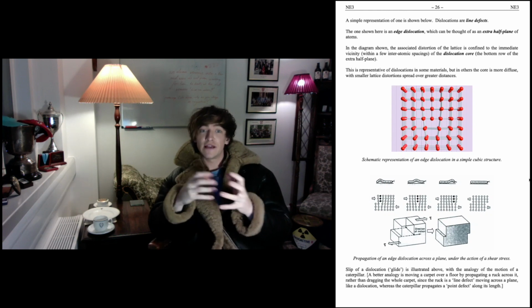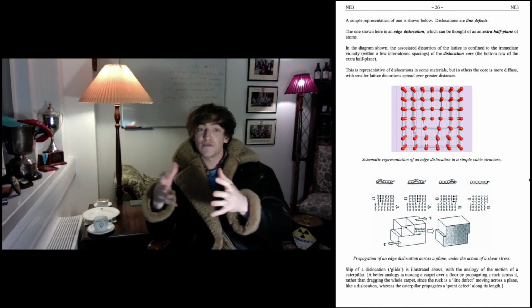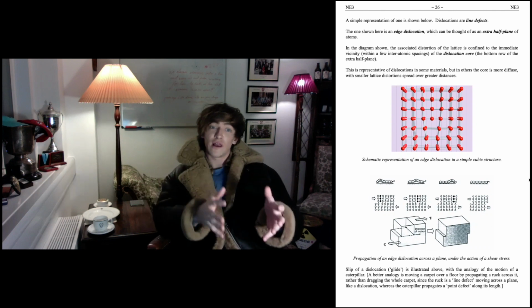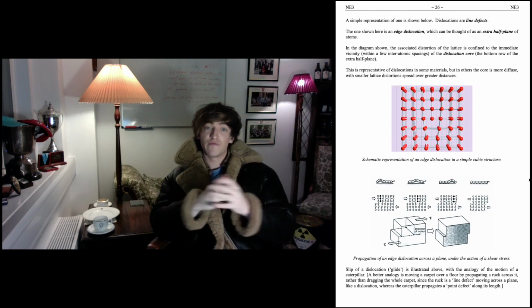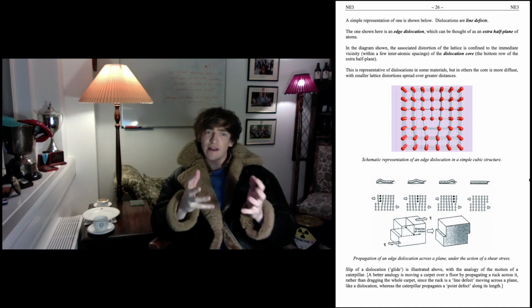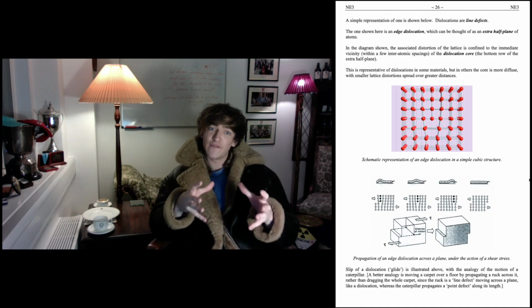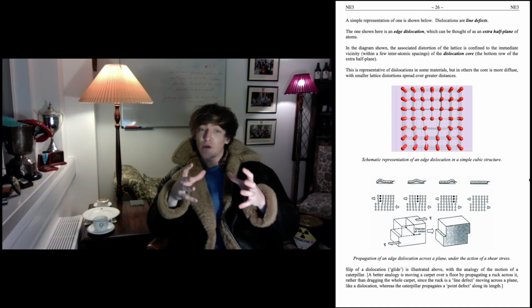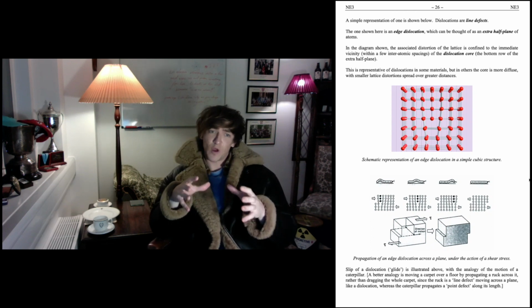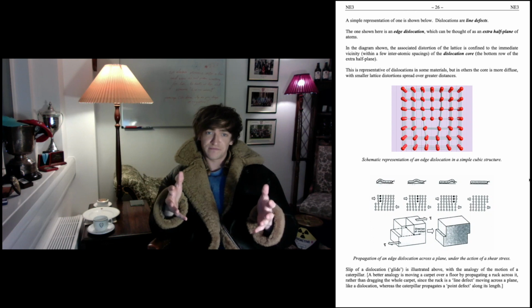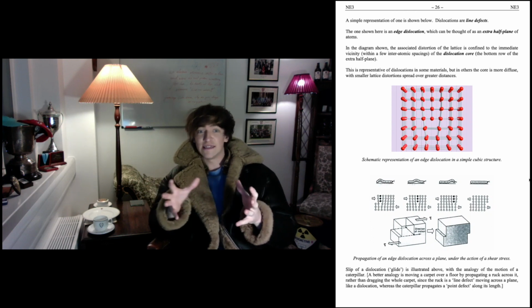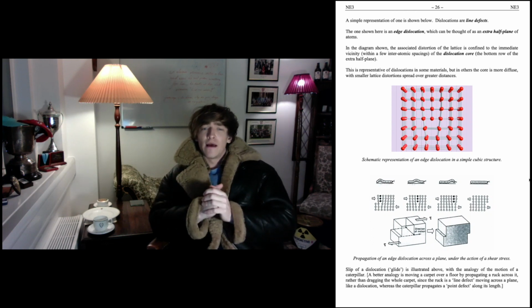So for an edge dislocation, the distortion of the lattice occurs along a line, in this case the bottom row of the extra half plane of atoms. And this direction, the dislocation line vector, is an important characteristic of a dislocation, although it can change as the dislocation moves.